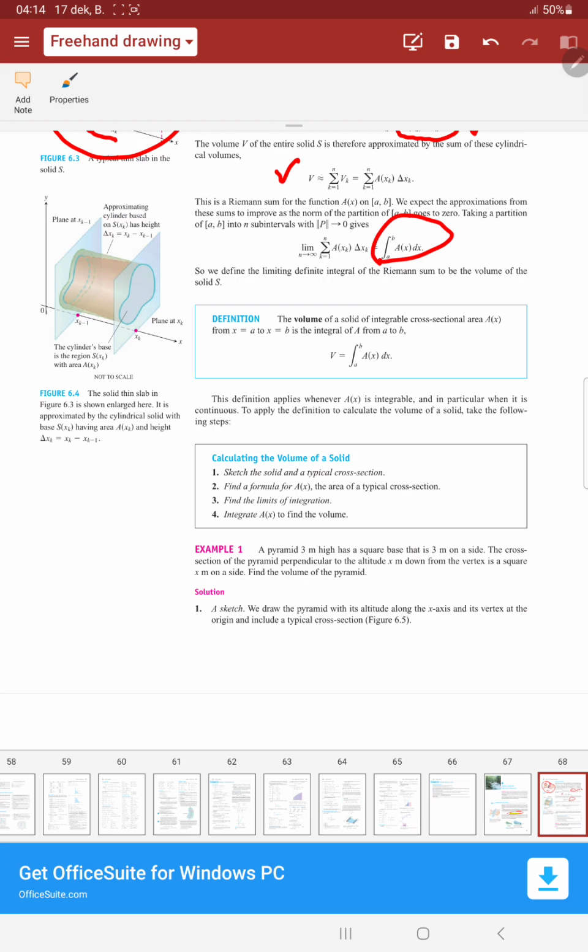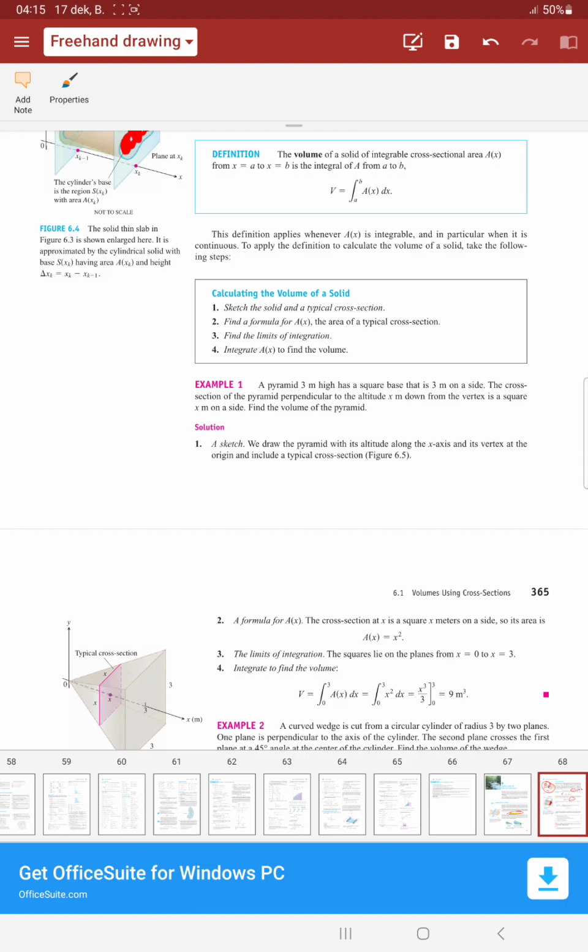So volume is equal to the integral from a to b of the cross-sectional area. We said that we cut our solid with paper and we get this area, and the integral of this area will give us the volume.